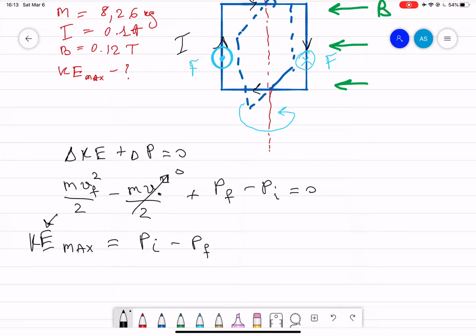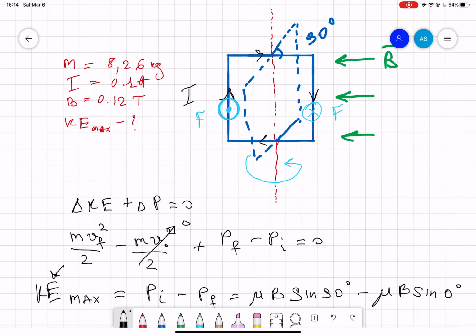Right, now the potential energy of a magnetic moment is equal to mu B. Initially it was at 90 degrees, so I would say sine 90 degrees, minus, it will stop when mu B sine is at 0 degrees. Okay, sorry, let me clarify: 0 degrees.